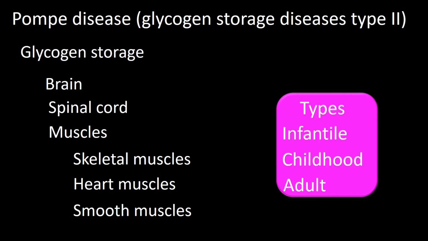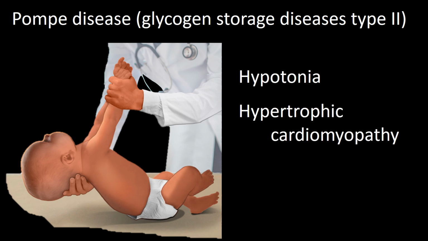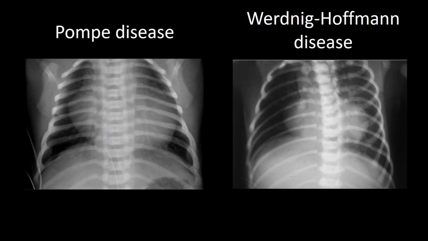Pompe's disease may present at any age. The infantile form is most frequent. This form presents with hypotonia, hypertrophic cardiomyopathy, decreased awareness, and macroglossia. A frequent exam question is to show you a chest x-ray and ask you to distinguish between Werdnig-Hoffmann and Pompe's.